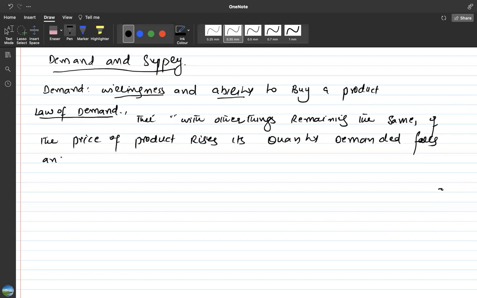And vice versa. It means if the price of the product falls, its quantity demanded will rise.